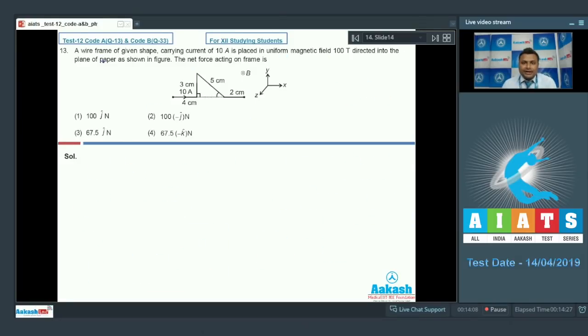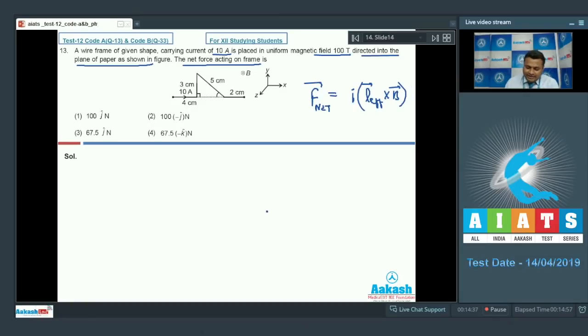So here is question number 13, everyone. A wire frame of given shape carrying a current of 10 ampere is placed in a uniform magnetic field of 100 Tesla directed into the plane of paper as shown in the figure. The net force acting on the frame. Now we know very well the net force acting on a current carrying wire kept in a magnetic field is given by F, or F simply, is I L effective cross B. And in this case L effective will be from this point to this point.